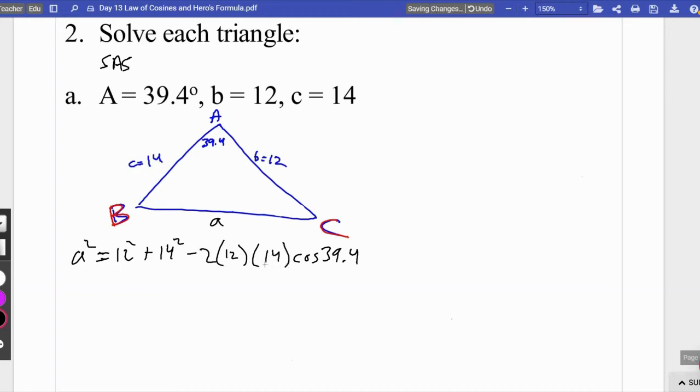And as I said before, I wrote down each step in the last video. Like I did the squares first, and then the multiplications, and then I just did it all at once. I'm just going to do it all at once so we see what this should turn into. Nice, 2 times 12 times 14 cosine 39.4.